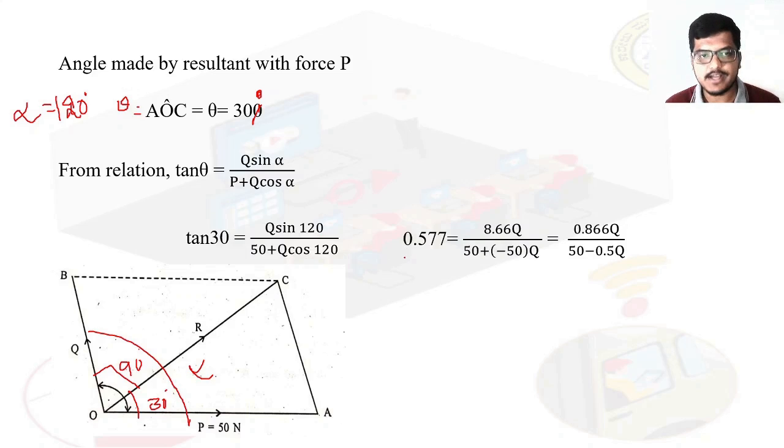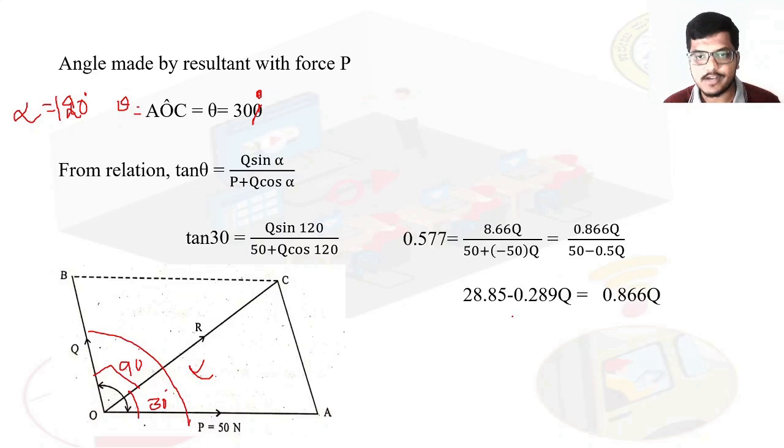Here theta is 30 degree and alpha is 120 degree. When we simplify, tan 30 is 0.577, which is equal to 0.866 Q divided by 50 plus Q cos 120, and cos 120 is minus 0.5. So it is equal to 0.866 Q divided by 50 minus 0.5 Q.